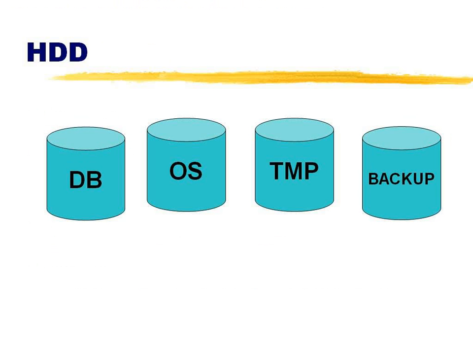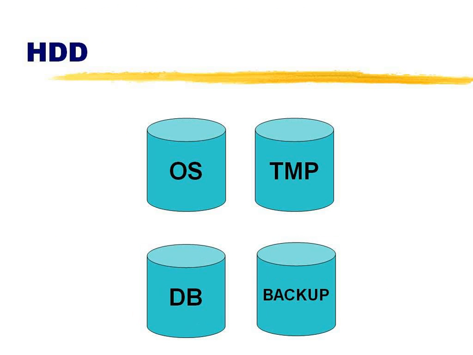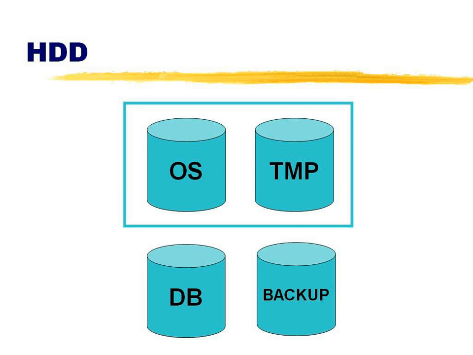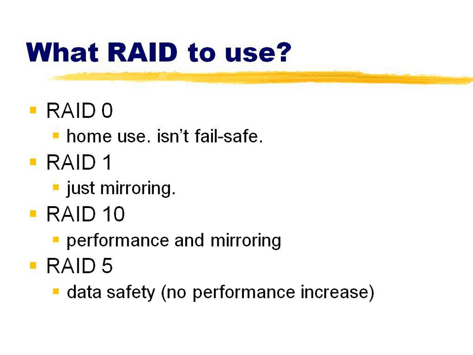If you do not have much money, you can buy only 2 hard drives. First for the operating system and temporary space, and second for the database, but not for the backup.